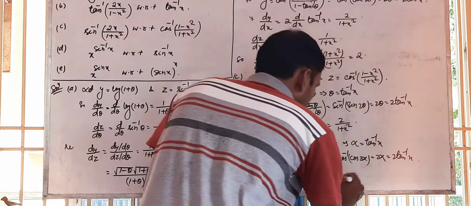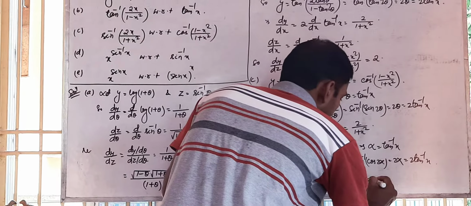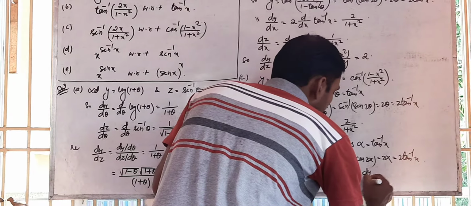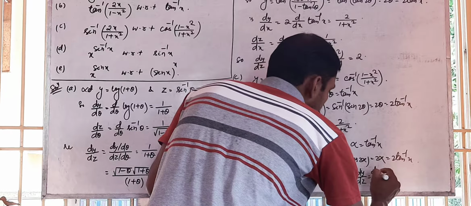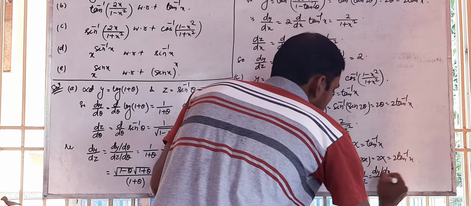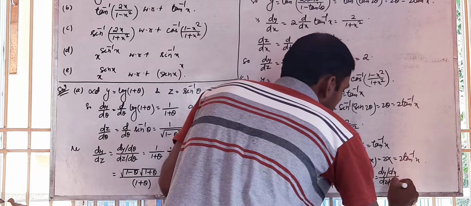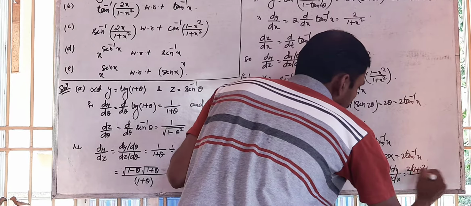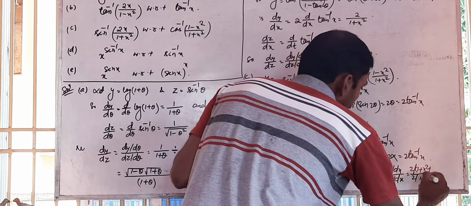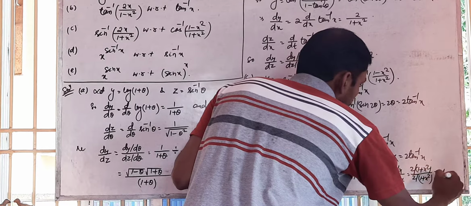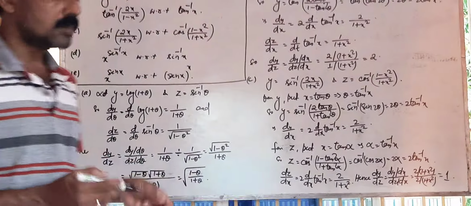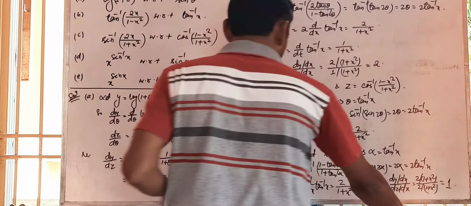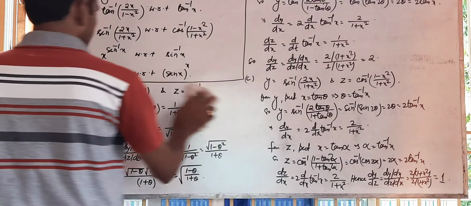Okay, and dy by dz is dy by dx divided by dz by dx. So both have the same value, 2 by 1 plus x square divided by 2 by 1 plus x square. This is equal to 1. Now the fourth bit.